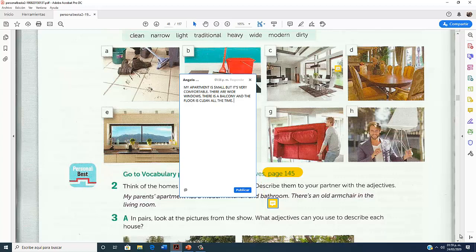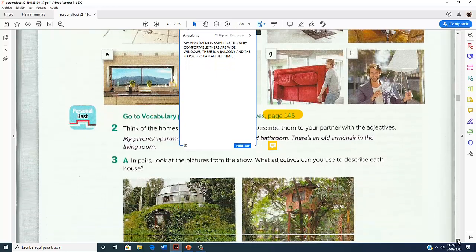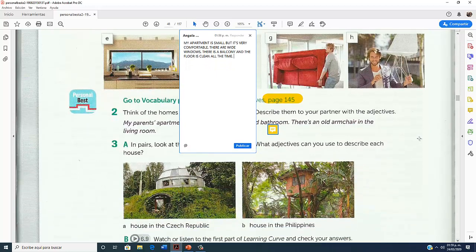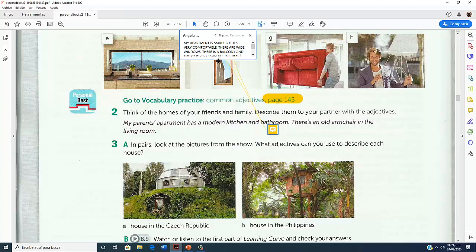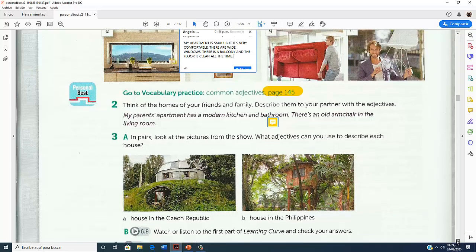Okay? Perfect. So in number 3 we have in pairs. Let me make this closer. And we have in pairs. Look at the pictures from the show. What adjectives can you use to describe each house? Interesting.